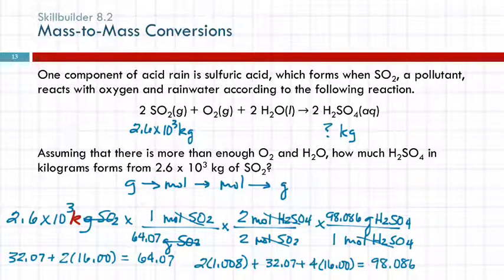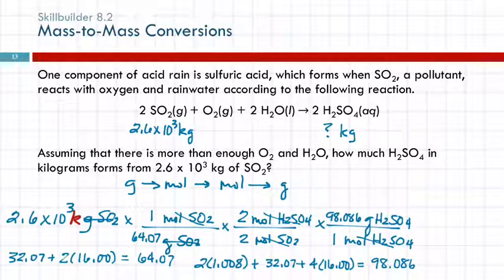Okay, let's go back and look at our units and see what's going on. So we canceled these guys. I canceled this gram of SO2 with that gram of SO2, but I've got this kilo left sitting there, and then I've got grams of sulfuric acid over here. Kilo stands for 10 to the third. It's just like a factor, a variable.